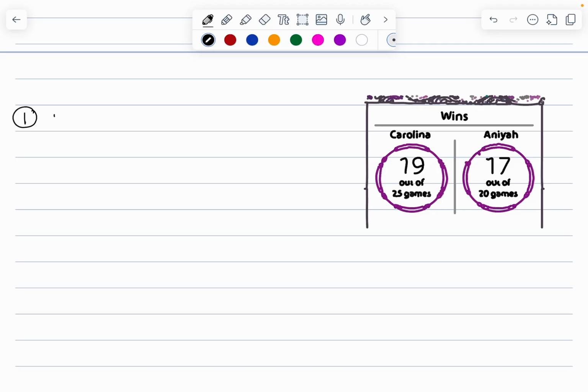So the first problem we're finding is the percent Carolina won. Because we got a little chart over there, and it says Carolina won 19 out of 25 games, and Anaya won 17 out of 20. So we're going to find the percent Carolina won.